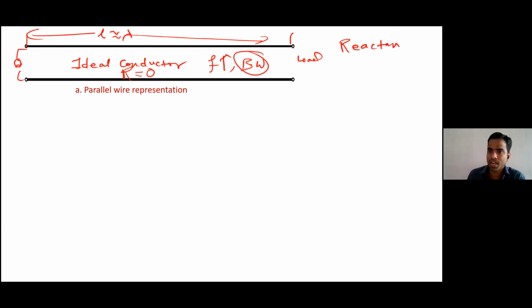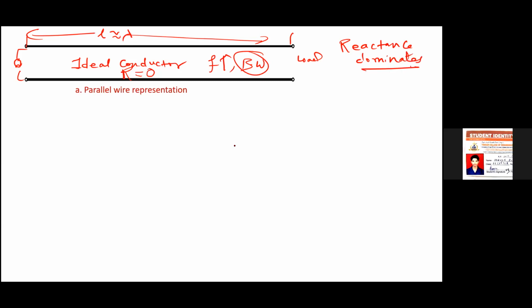Everyone understand what is reactance? In your first year, you must have studied basic circuit theory, right? In that you must have analyzed the reactance.